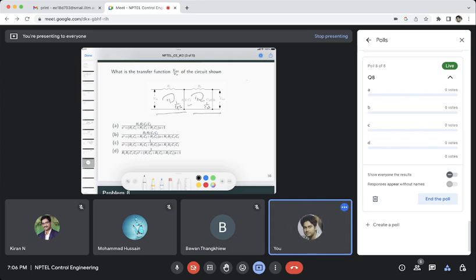So in short, you can replace resistance, capacitance and inductance with impedance in the frequency domain: resistance simply as R, capacitance as the reciprocal of S times the capacitance value, and inductance as S times the inductance value. Because there is no inductance here, we don't need it.